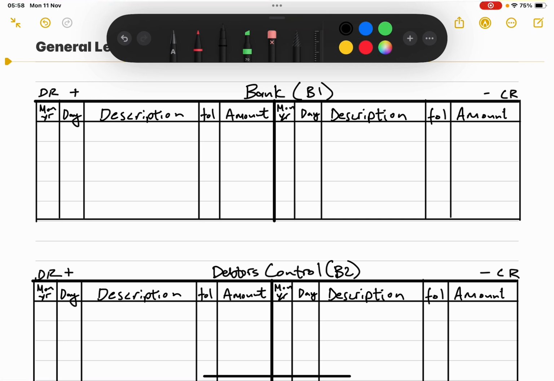Okay, so your bank will pretty much always have an opening balance unless this is literally the first month that you're running the business. Assuming that's not the case, we are in November, for example, November 20.4, and then the date would be the beginning of the month, and then you would have a balance brought down because this is the balance sheet section.